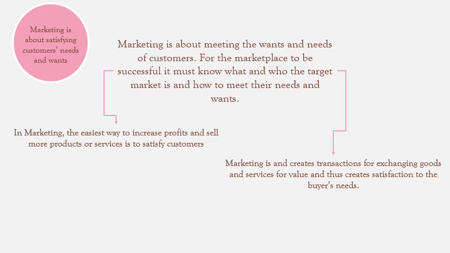For the marketplace to be successful, it must know what and who the target market is and how to meet their needs and wants. That's everything. You have to know your target. You have to know who you are trying to get to buy your product, who you're trying to trade with. You must be focused in on that target.